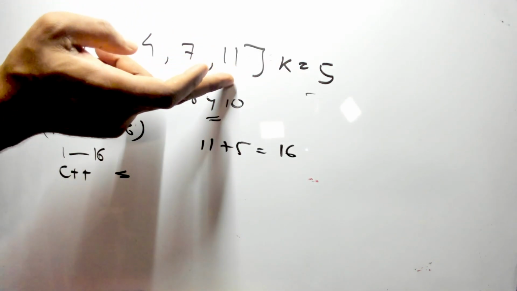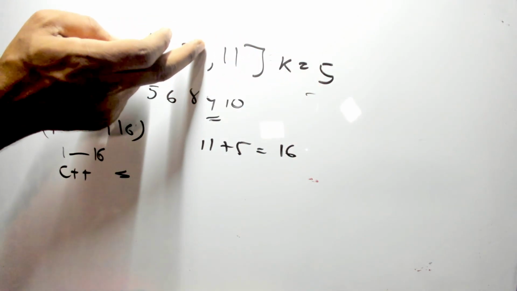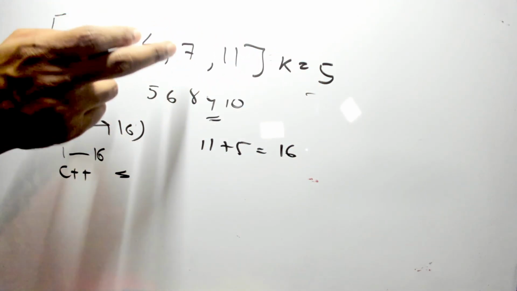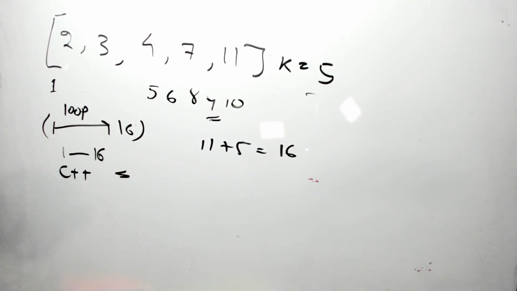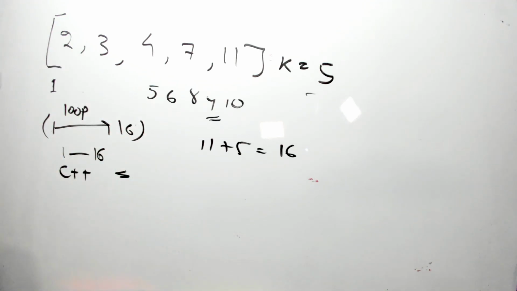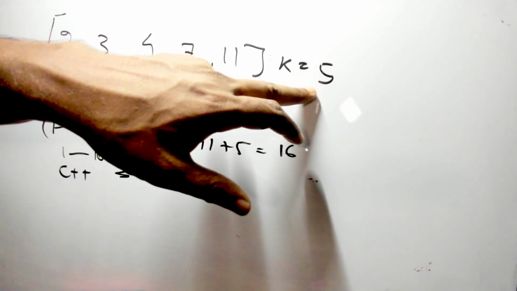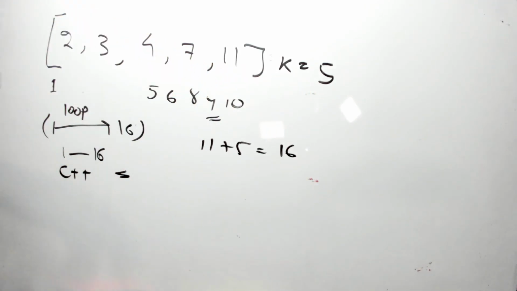And if you go to 11, our number of missing numbers becomes more than 5. So we just have to get the number where the missing count was last less than 5, then subtract the number of missing numbers at that position from k, and add that to the number, right?